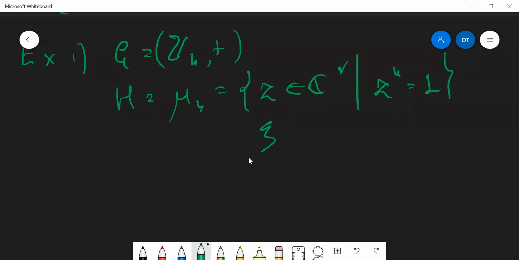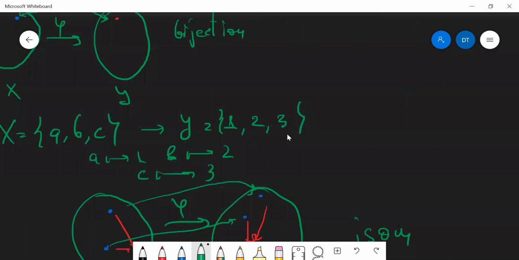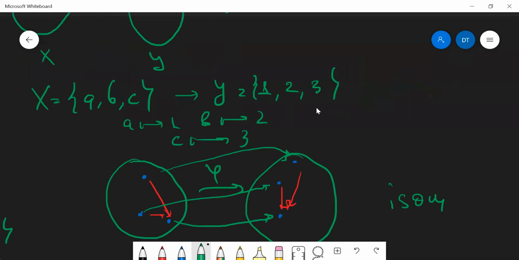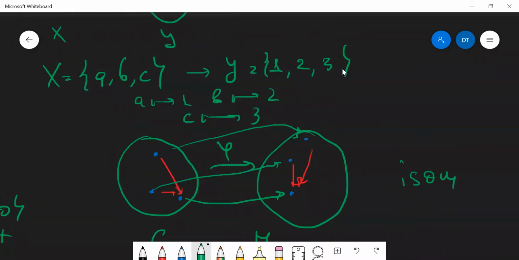So they're not the same sets, like here, the sets A, B, C, and 1, 2, 3 are different sets. They consist of different elements, but they are not literally equal, but they are the same. Essentially they are the same. So this is the notion of a bijection, but isomorphism extends this to the case of groups.